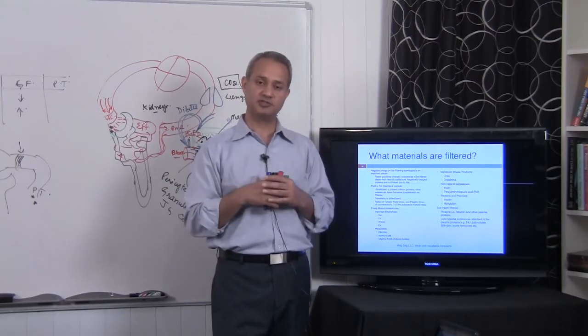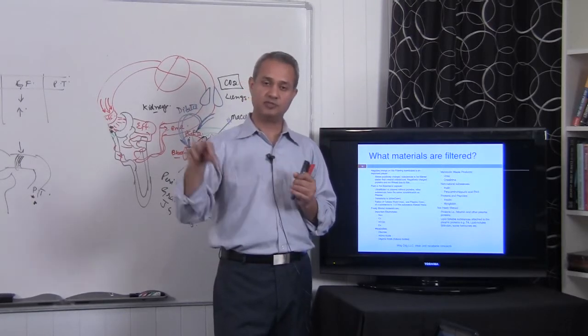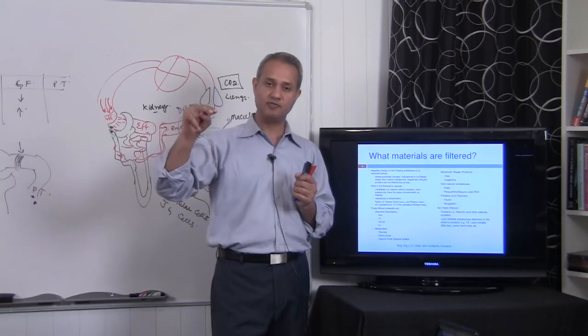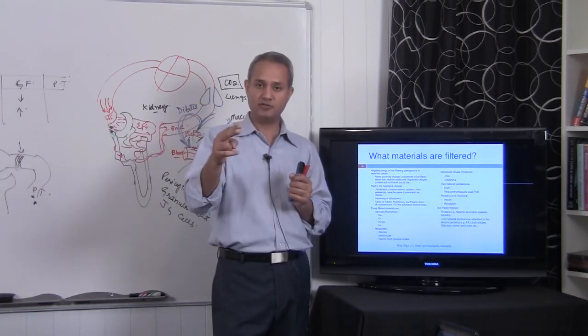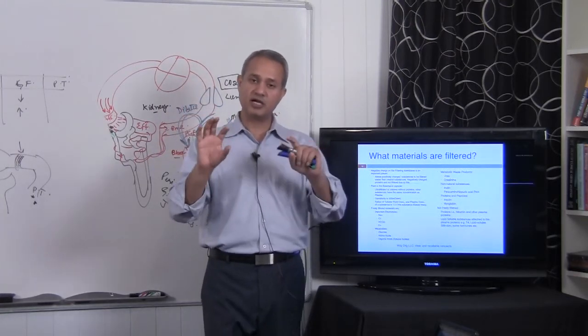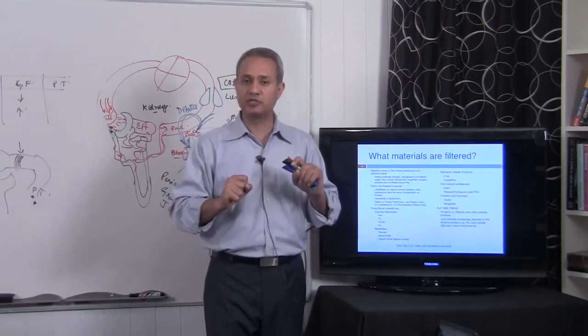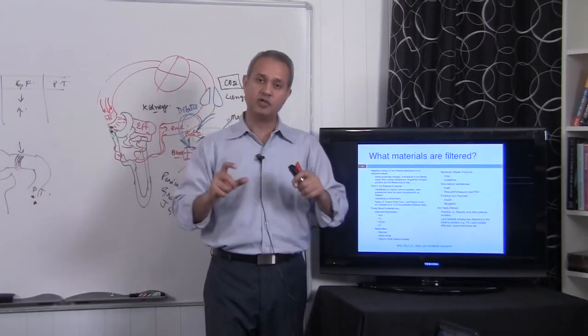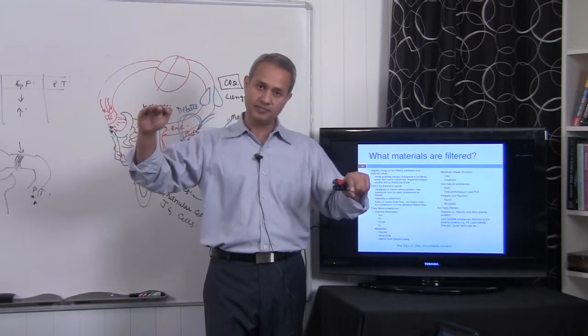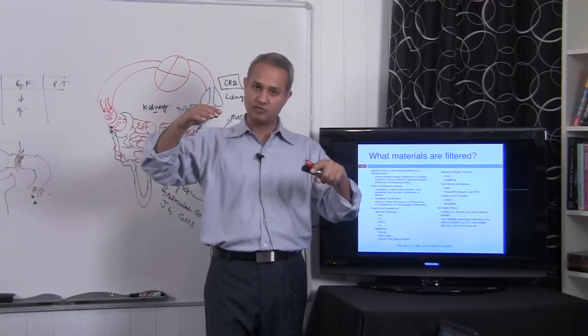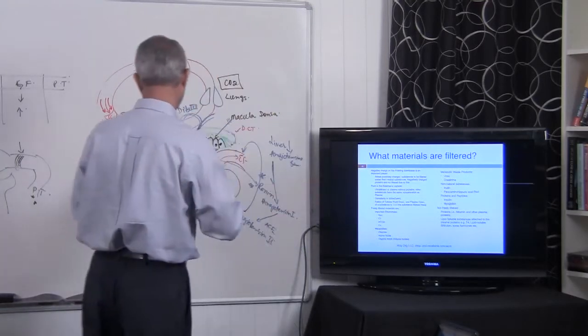What is the relative concentration now? Into the plasma, equal number of sodium and water, and into the nephron, equal number of sodium and water. So regardless of the number of molecules, the ratios are the same. If you divide these two, the answer will be 1. What does that mean?